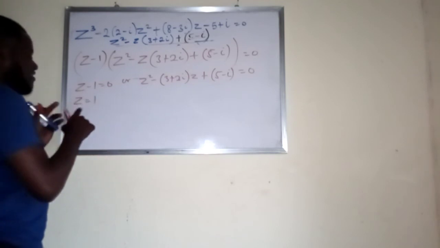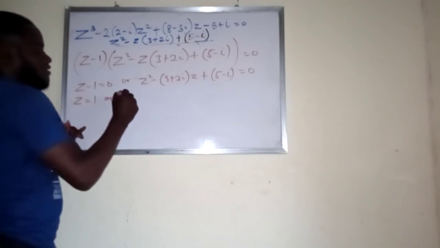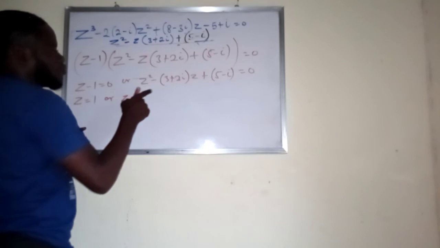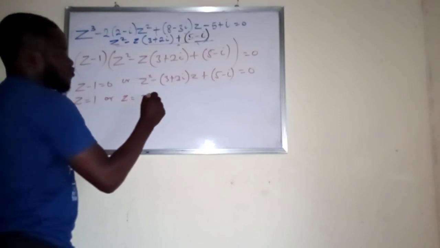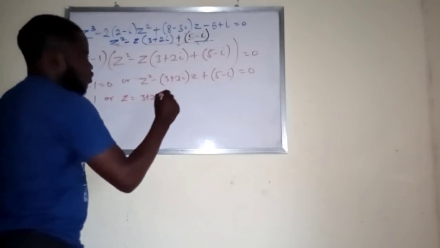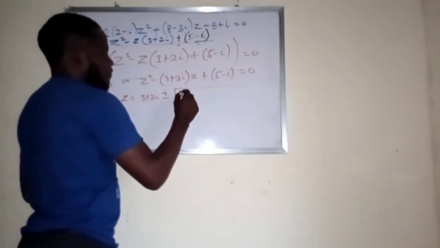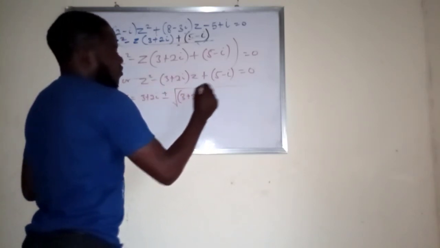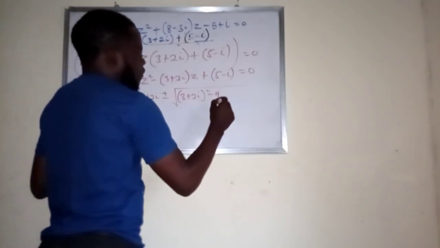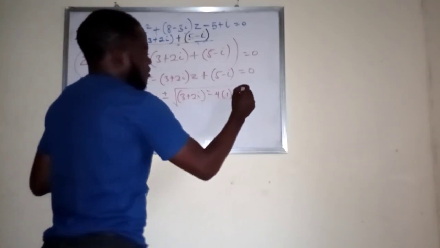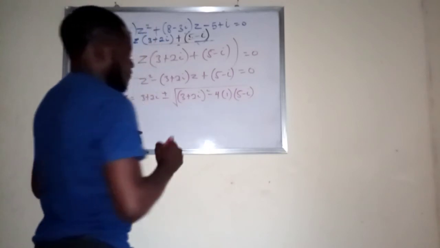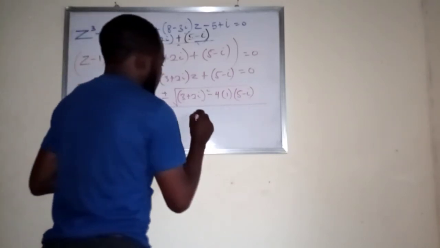So z is equal to 1, or z is equal to (3 plus 2i) plus or minus the square root of (3 plus 2i) squared minus 4 times 1 times (5 minus i), all divided by 2.